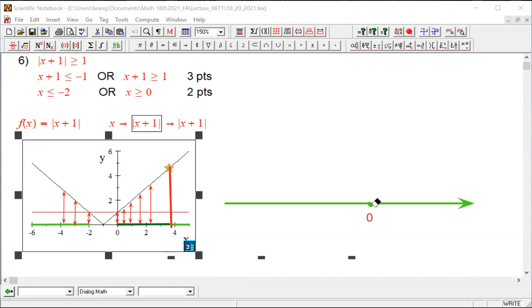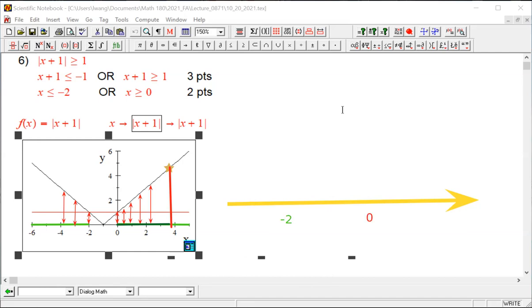Sorry about that. Okay, so I'm going to use a different color. That's a 0, that's a -2.